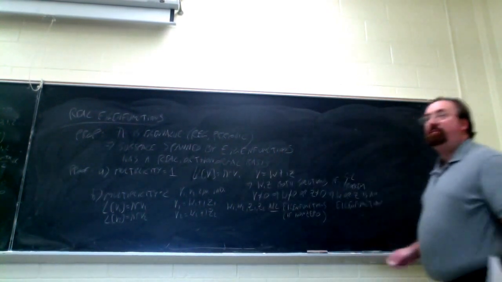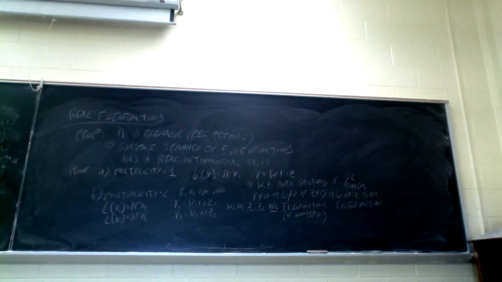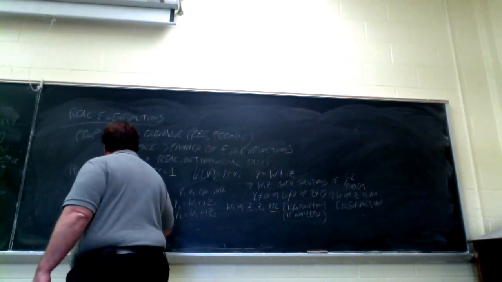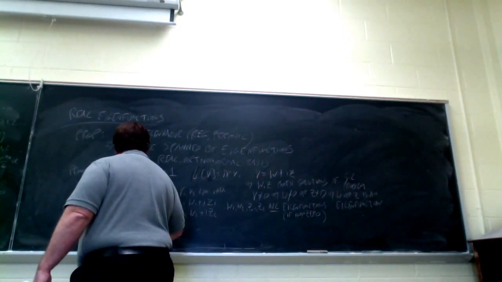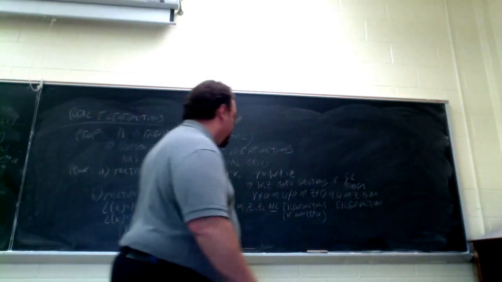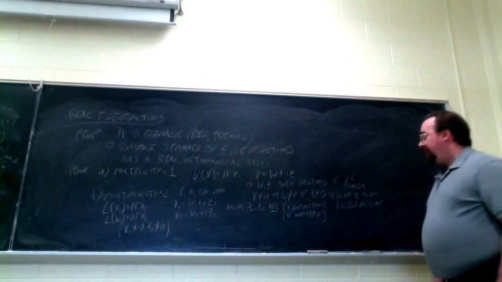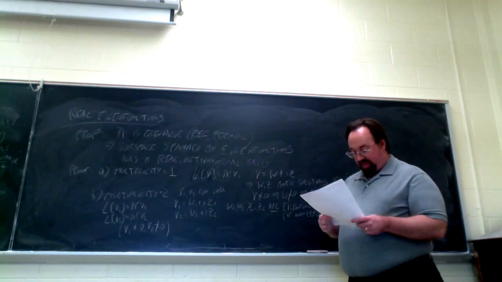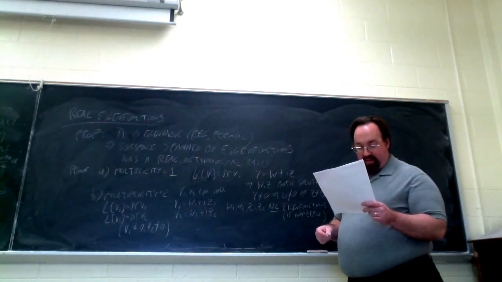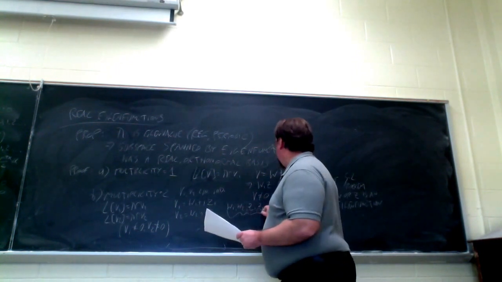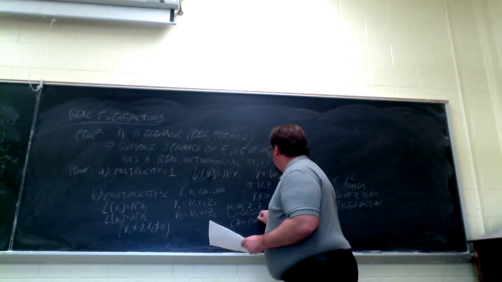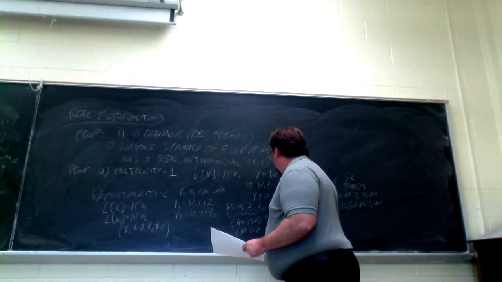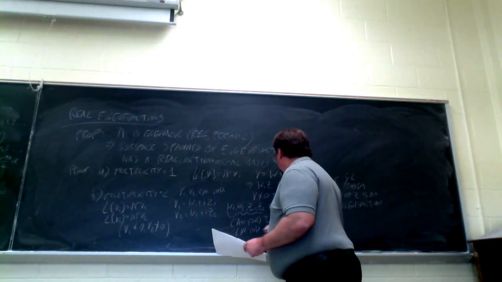You have to have at least two of them be non-zero, because keep in mind, V1 and V2 are both non-zero. So what that means is, from the set, you can find two linearly independent eigenfunctions.